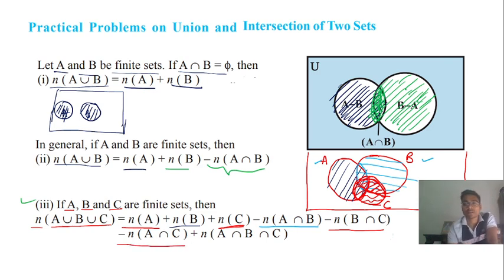But by doing this we actually remove the center portion, which has to come from all these sets. So finally, since we have not yet counted the center portion, we will add the center portion as the number of elements in A intersection B intersection C.